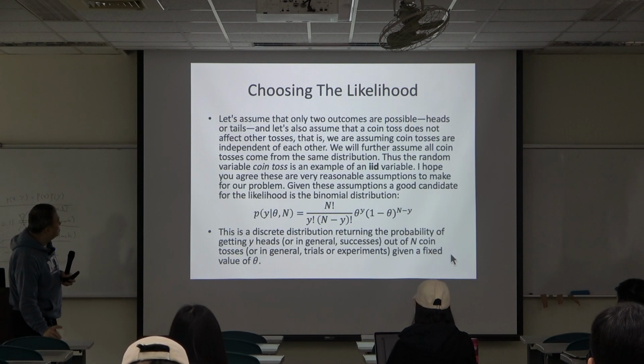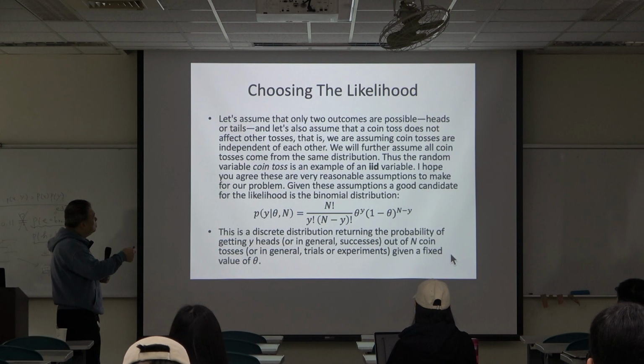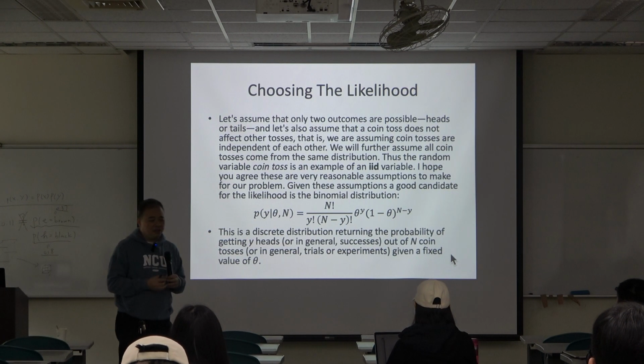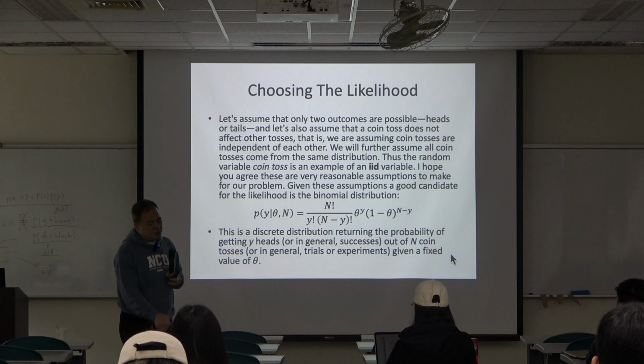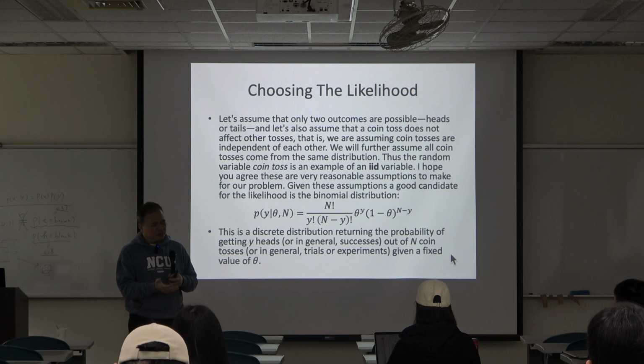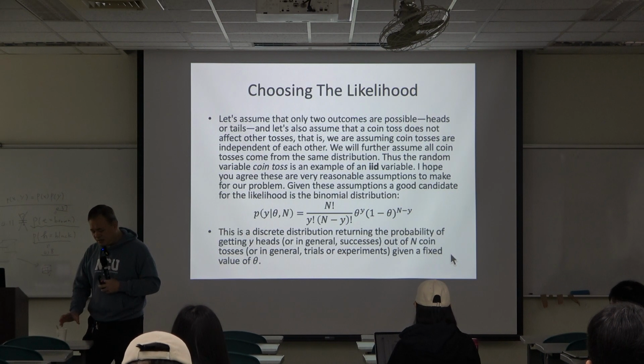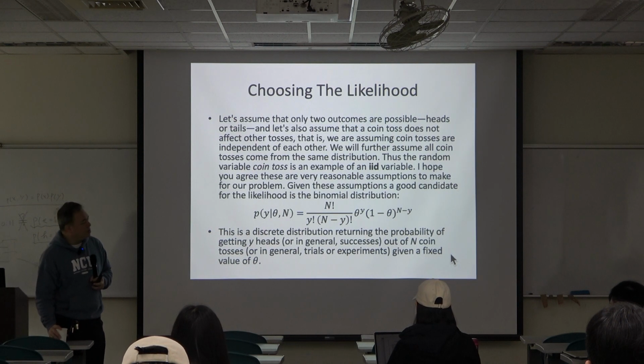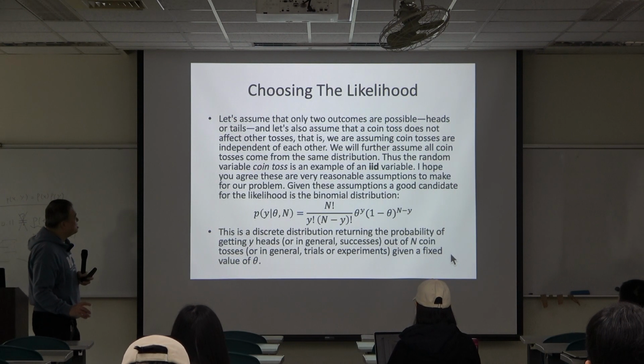That one we know, right? So let's assume only 2 outcomes are possible. Of course, as I told you, the coin flip can only be head or tail. In a certain case, the coin can stand up, meaning no head, no tail. But that's a rare case we can ignore. Let's assume that never happens.